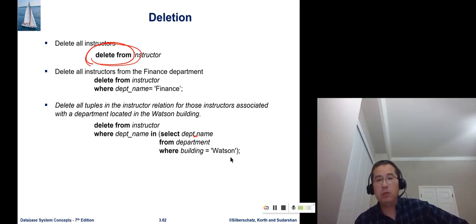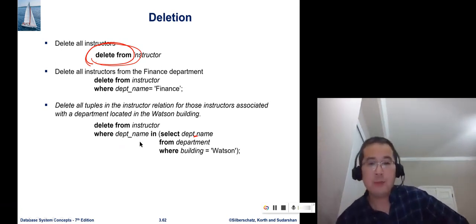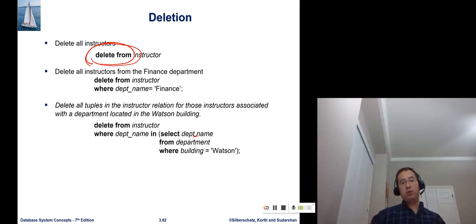Okay, and then that means if any department belongs to this list, then we'll delete its instructors. Okay, delete instructors. That means we delete all the instructors belonging to a department which has a building in the Watson.